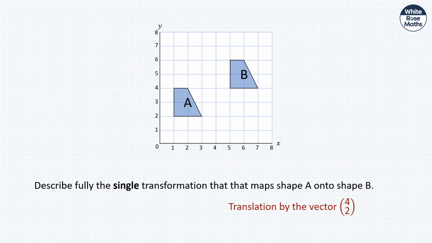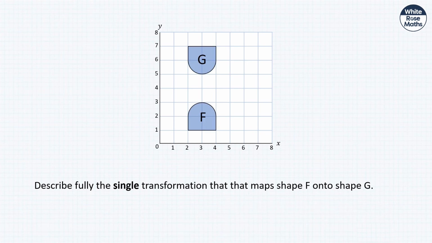Okay, so again, describe fully the transformation that maps shape F onto shape G. So it's a reflection in the line y is equal to 4. It's a horizontal line, so it's y equals a number.